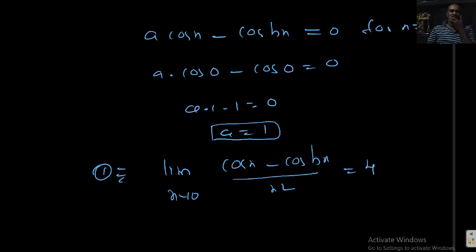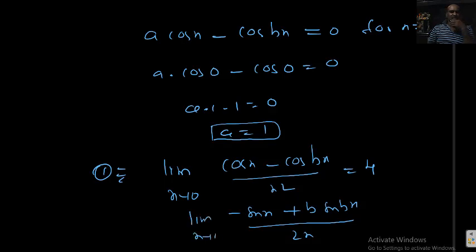Using any one of the methods, you need to find the limiting value of this function, equating to 4, and you get the b value. So I will use L'Hopital here: (minus sin x plus b sin bx) by 2x, limiting value x tending to 0 should be 4.